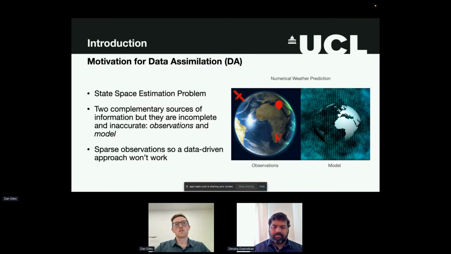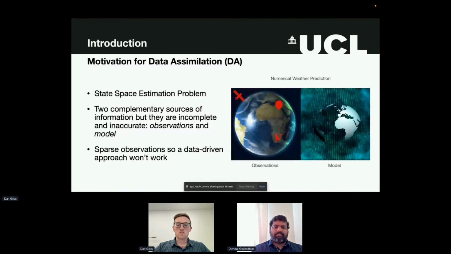This is a case where you have, say, two complementary sources of information, but they are incomplete or inaccurate. In the case of numerical weather prediction, you have your observations, which are sparse in a sense of the atmosphere. And then you also have your numerical models, your physics-based model, which will be solved on your high-performance computing system.